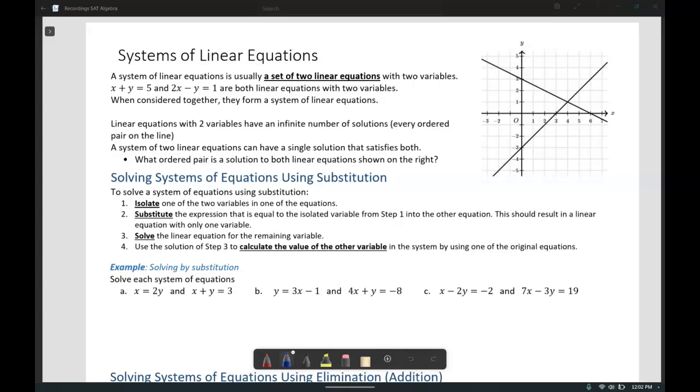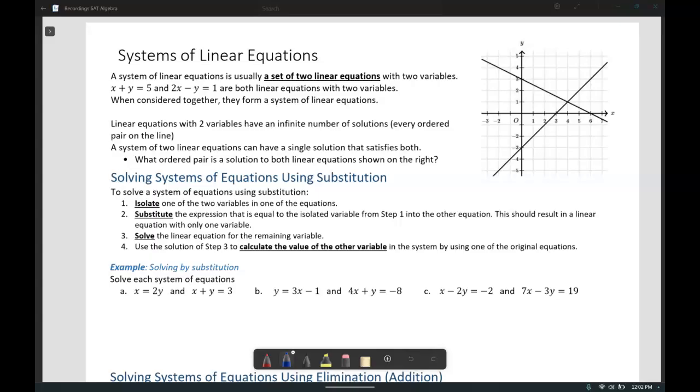Now, an individual linear equation with two variables has an infinite number of solutions. It's any and every point that we can find on that line. When we take two linear equations, a solution to that system would be any point or points that satisfy both equations.